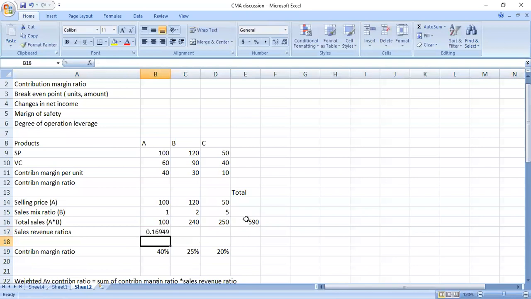Remember, it's different from the sales mix ratio. You do the same for product B. You get 240 divided by 590.